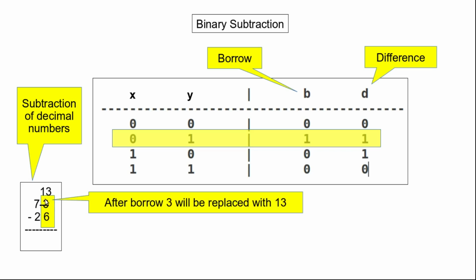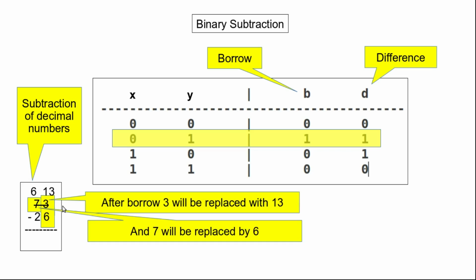get replaced by 13 and 7 will get replaced by 6, and now we can perform the subtraction, and 13 minus 6 will result in 7, and 6 minus 2 will result in 4.